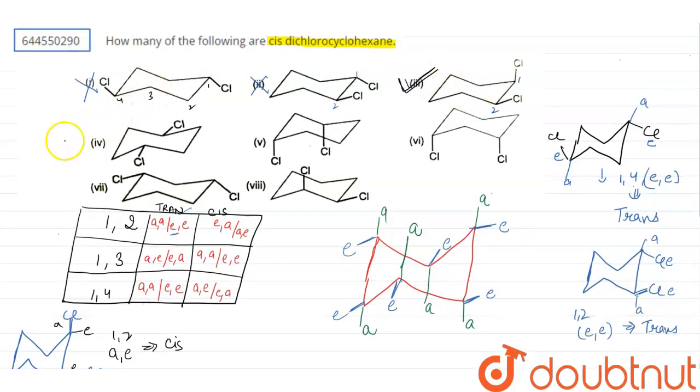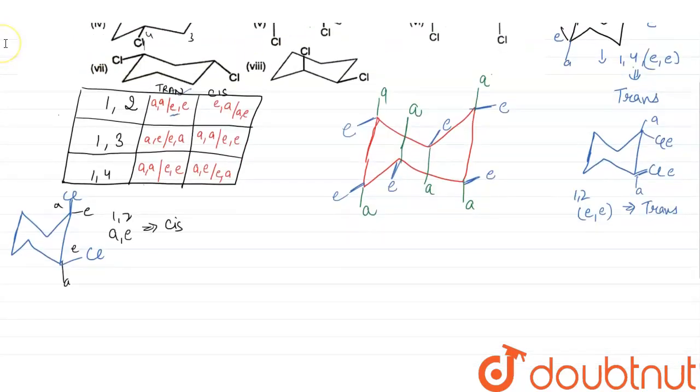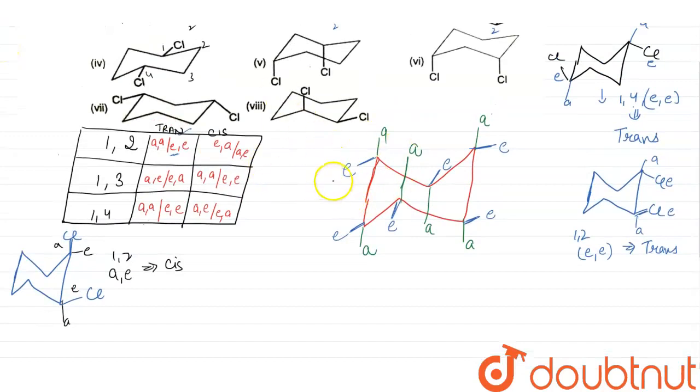Now coming to the fourth structure, we have 1 4 dichloro. For 1 4 dichloro, let me draw the diagram again. For 1 4, we know that this is equatorial and this one is axial, this one is axial and this is equatorial.